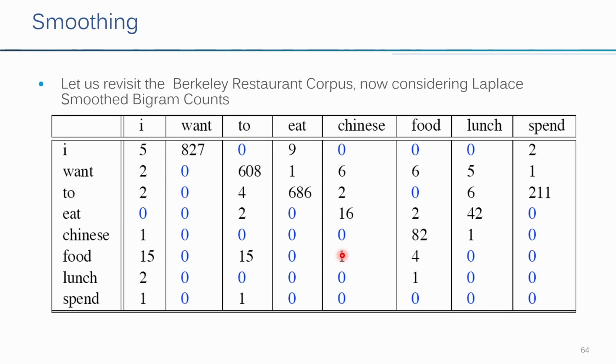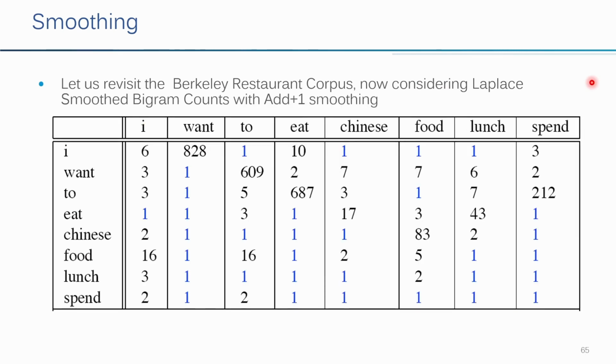So if we revisit the restaurant corpus that we had there, I don't know if you remember, but we had a term-by-term matrix of the co-occurrences. So "I" occurs with "I" 5 times, "I want" 108 times, and so on. Now, the idea is for us to simply add 1 to all the counts that we have there, and by that, we are already changing the sparsity of this matrix.